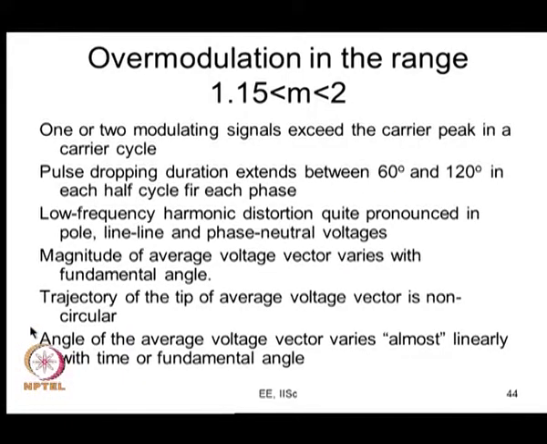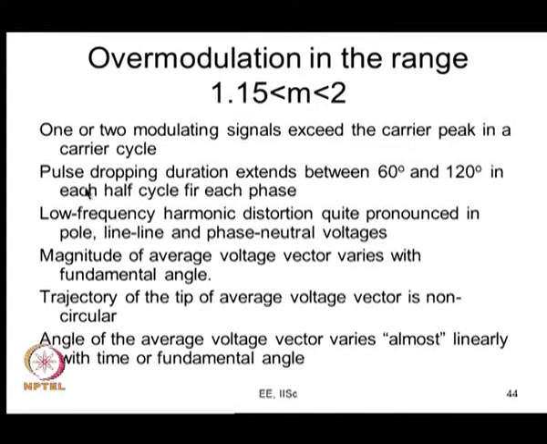So, now I am going to look at the range 1.15 to 2 for m. For this range, 1.2 was really representative. What happens is 1 or 2 of the 3 modulating signals exceed the carrier peak in a carrier cycle. You consider any arbitrary carrier cycle, you will sometimes find one modulating signal exceeds the carrier peak, sometimes you will find 2 modulating signals exceeding the carrier peak.